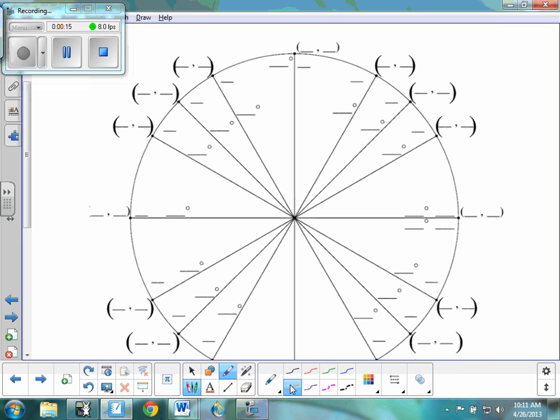This is 0 degrees and 0 radians. This is 360 degrees and 2 pi radians. So I also know that this is 180 degrees, or pi radians, over there at that side.